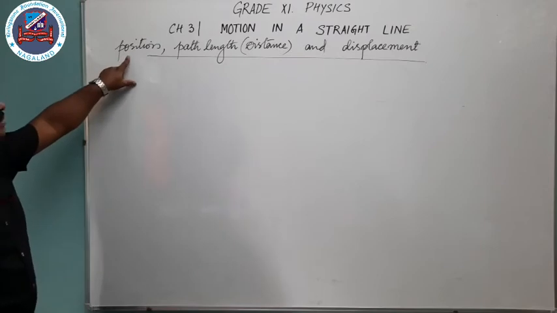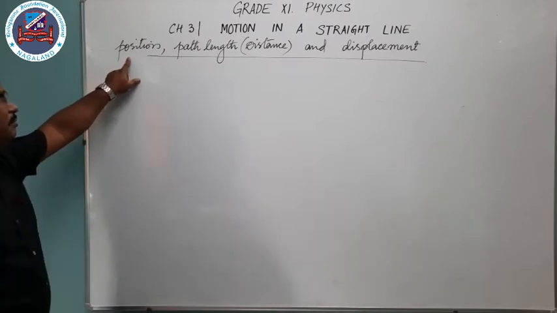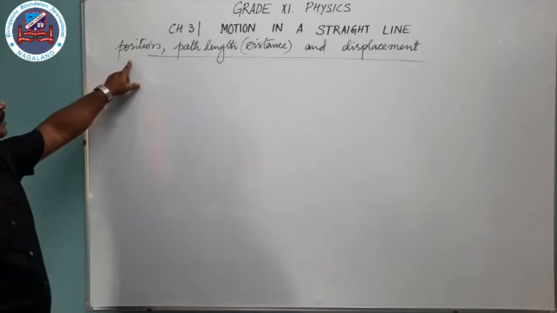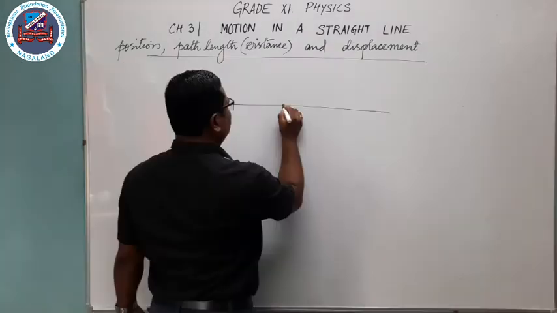The location of the point or the location of the object initially, at an initial stage, we call it as position.